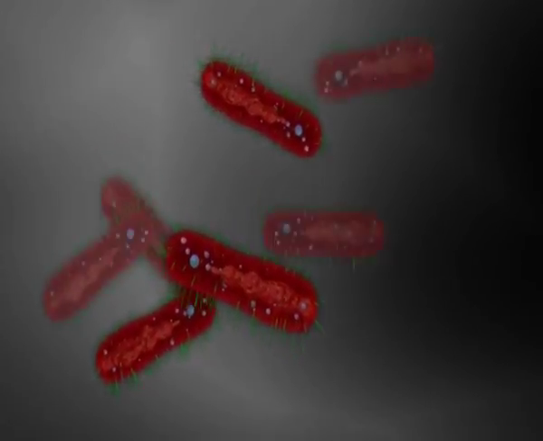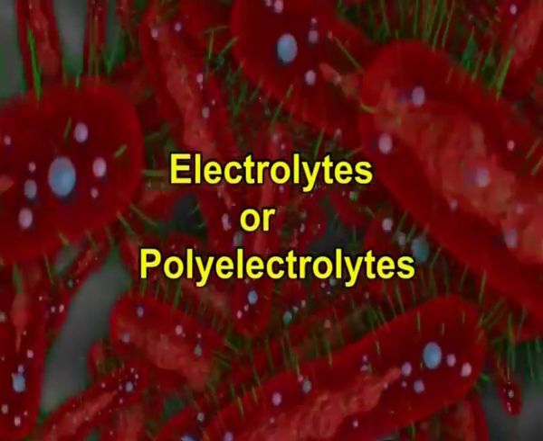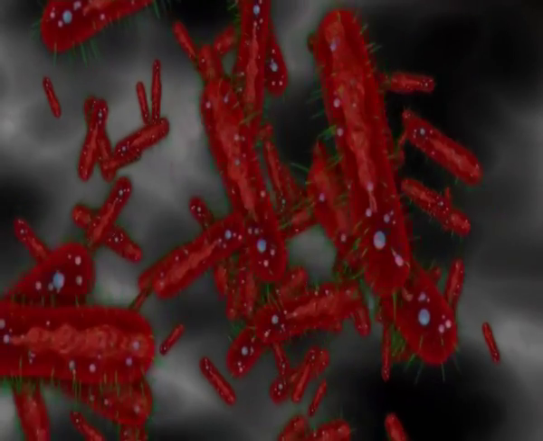Bacteria and proteins, being negatively charged colloids, are easily flocculated by electrolytes or polyelectrolytes. Sometimes clay or activated charcoal may be used. The net effect of the flocculation is that colloid removal facilitates filtration.